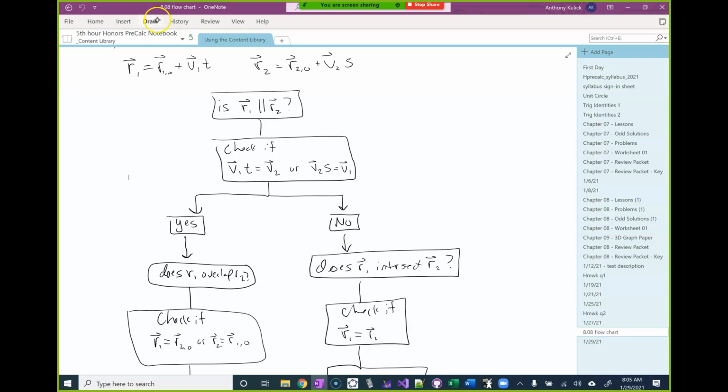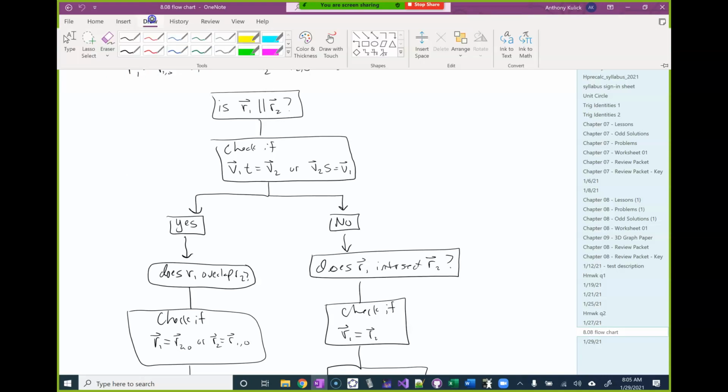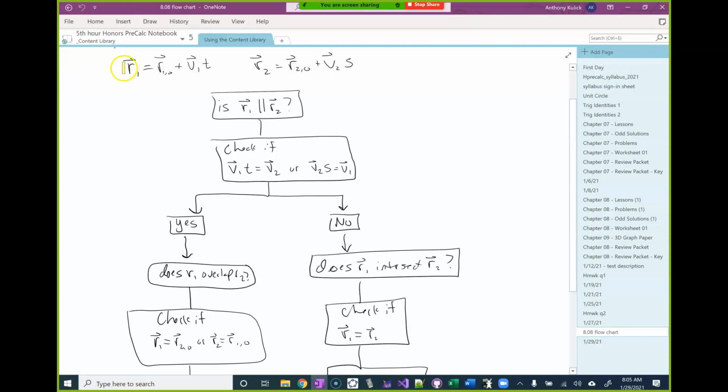So again, the 2 lines that I'm basing this on are these 2 up here. Right, so in the flow chart where you're seeing R1, R2, or V1, V2, or S or T or whatever, that's what I'm basing those on. Is everybody okay there? And we did just an example of that in 2 dimensions just a moment ago, right?